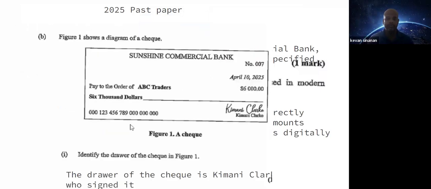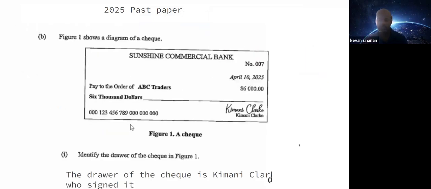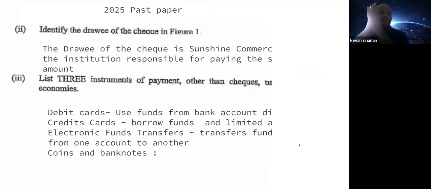So real quick, the solution: the drawee in figure one is Anneal. And for question two, the drawee of the check is Sunshine Commercial Bank, the institution responsible for paying the amount.